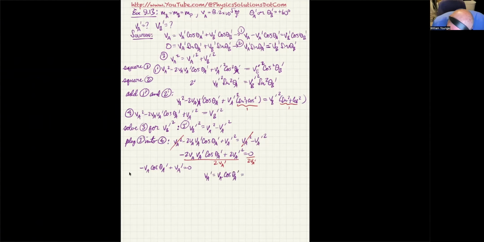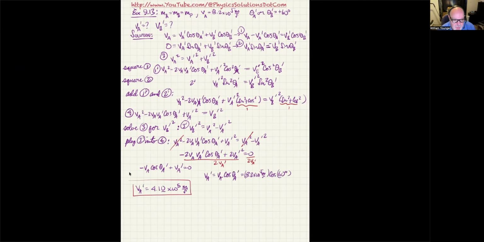So we can say va, which is 8.2 times 10 to the fifth meters per second, times the cosine of 60 degrees, and that gives us va prime is equal to 8.2 times 10 to the fifth times cosine 60, which gives me 4.1 times 10 to the fifth meters per second is va prime.